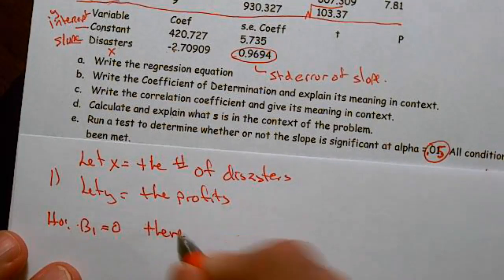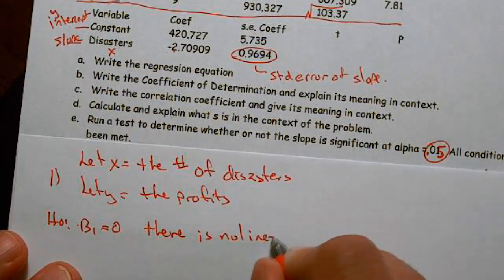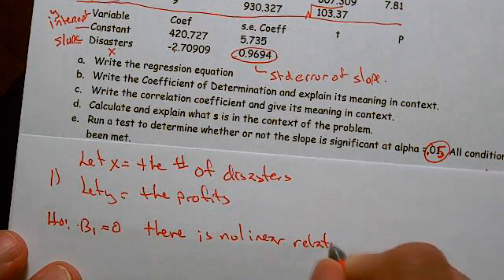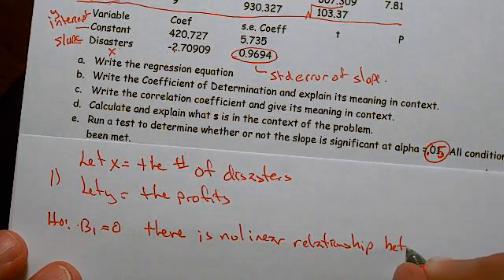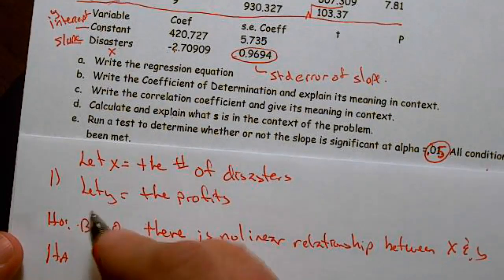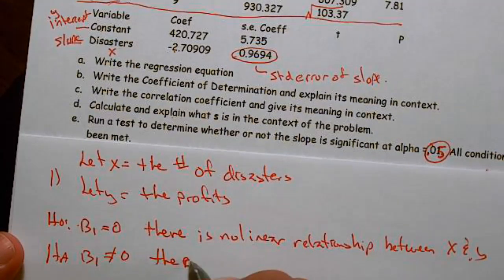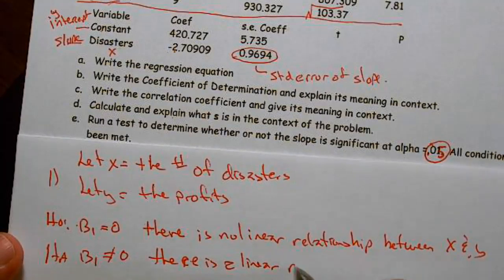There is no linear relationship between X and Y. HA: beta 1 does not equal 0. There is a linear relationship between X and Y.